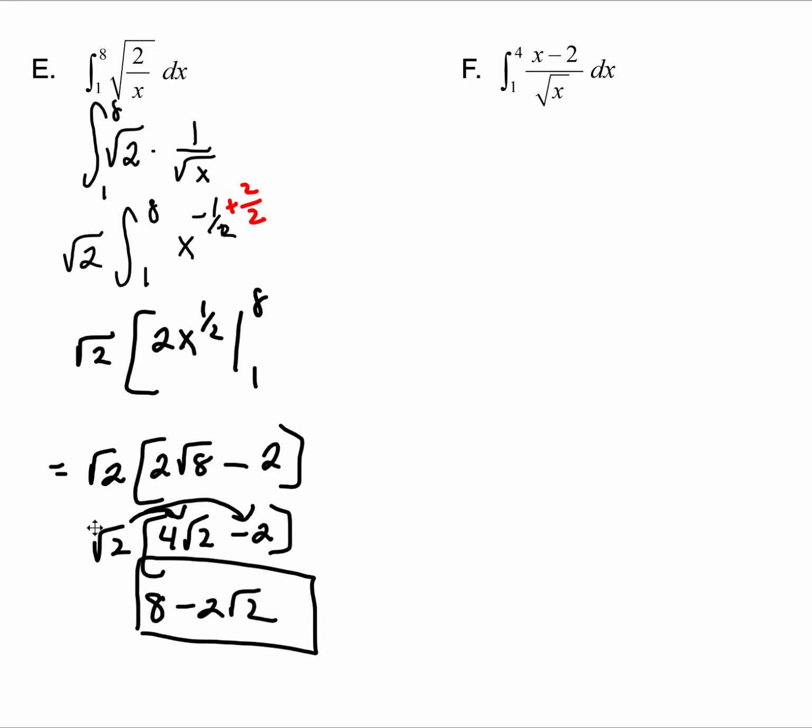Okay, and that's the final answer for that one. And again, the biggest difference now is that we are solving the area under the curve, or the net change, in the integral from that interval. So we call these definite integrals. The other ones were indefinite, where we were just getting the antiderivative, but we weren't really applying it to a certain interval.